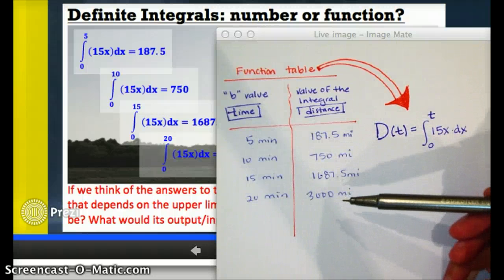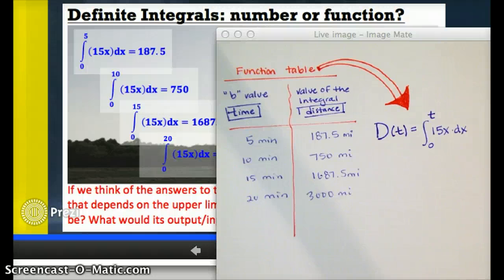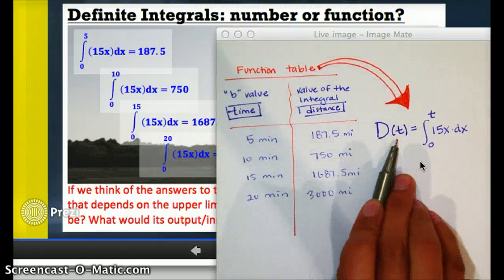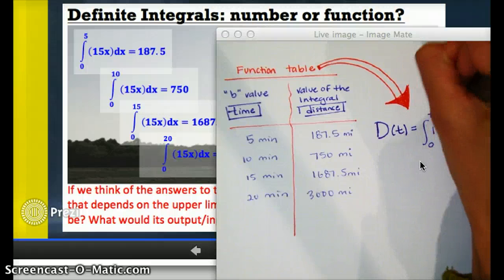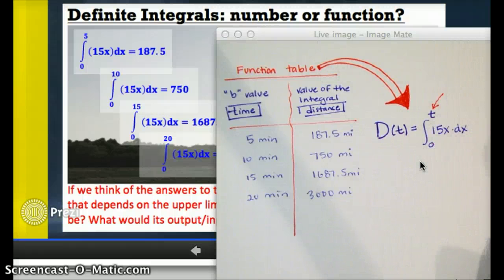So here's what's interesting. We've been used to, up to this point, thinking about integrals just as a number. Like the integral has an answer, which is a number, and a one-time thing. But looking at this pattern, we actually realize that integrals can also be used to define functions. What's most important that you take away from this is when you use an integral to define a function, the input value of the function is going to be a variable at the top of the integral.